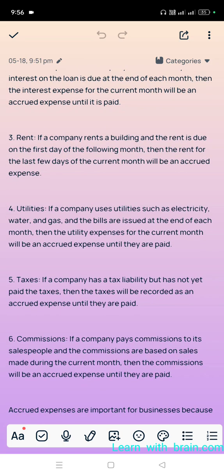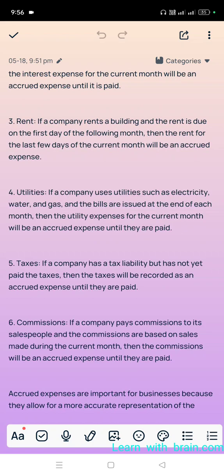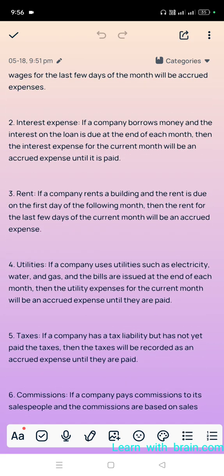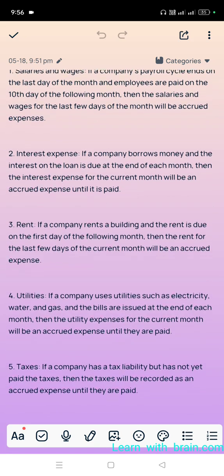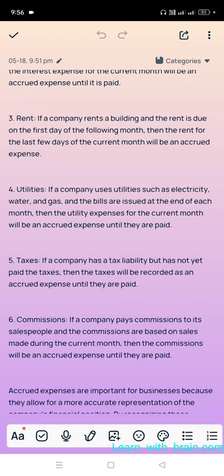Now we go for rent. If a company rents a building and the rent is due on the first day of the following month, then the rent for the last few days of the current month will be an accrued expense. These are the same as the salaries example. Okay, for better understanding we will explain another one.